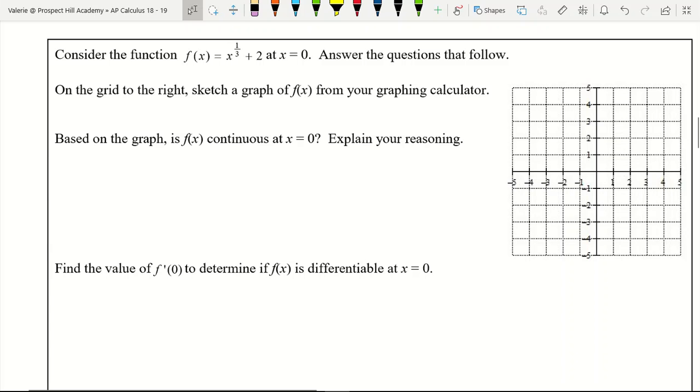Now we have a new function, x to the 1/3 plus 2, and we want to find the continuity at x equals 0 and if it's differentiable at x equals 0. So the first thing we're going to do is sketch this graph. I'm just going to sketch it really quickly using a few points that I know exist.